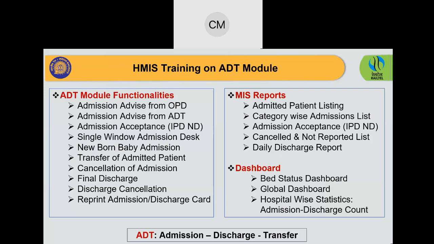While the patient is in admission stage, the clinical processes, all those transactions that happen, will be handled under the IPD submodule. So these two activities, administrative and clinical aspects, are bifurcated into these two modules. We are going to cover these two modules today.